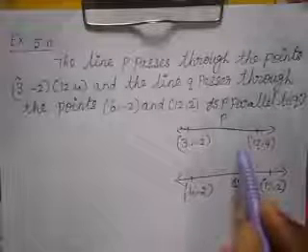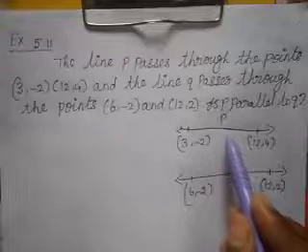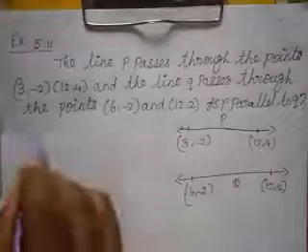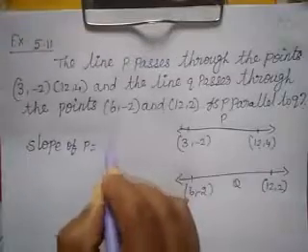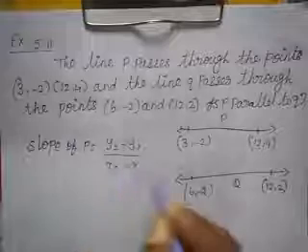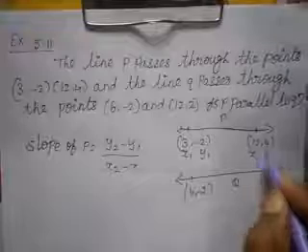We know that for parallel lines, the slopes are equal. So we want to find the slope of P and the slope of Q. So slope of P is equal to y2 minus y1 by x2 minus x1. The points are x1, y1, x2, y2.